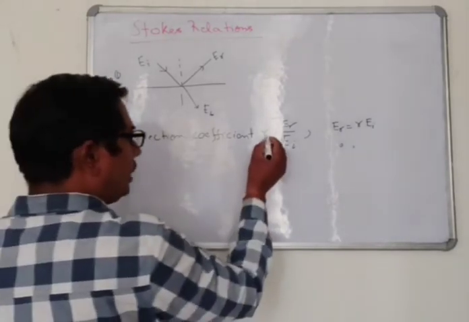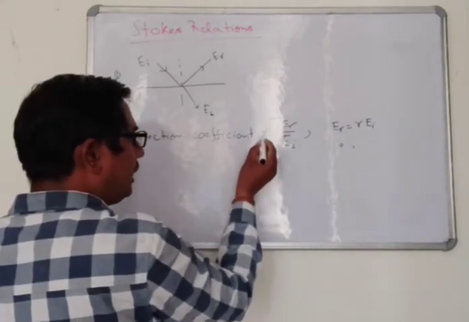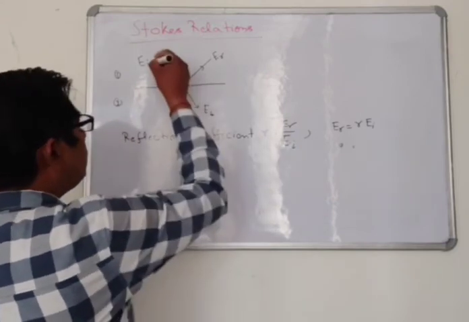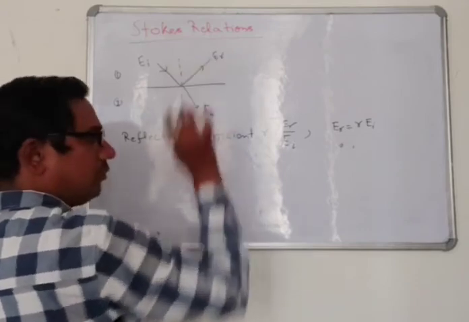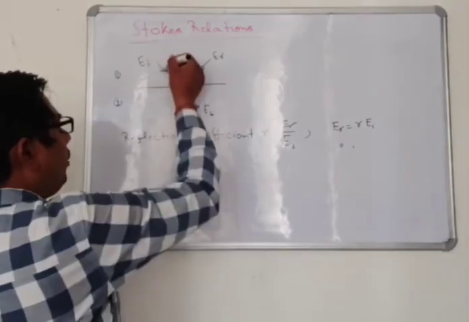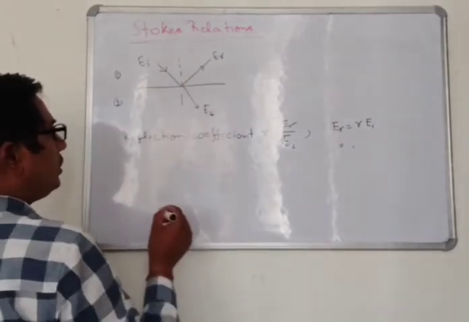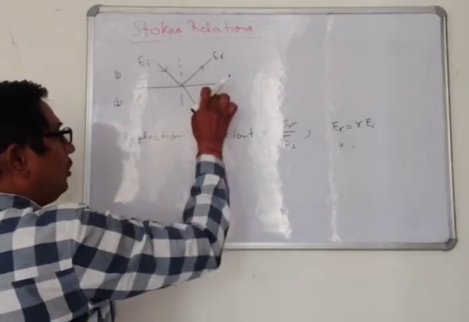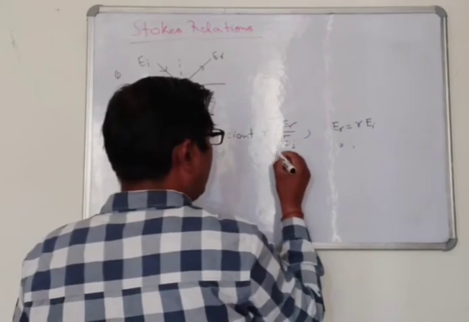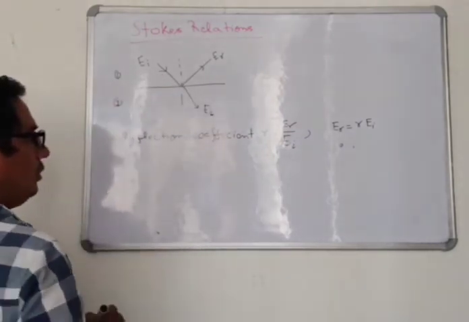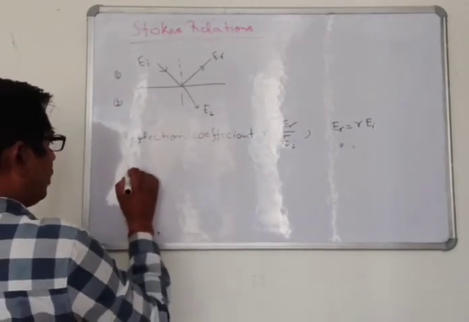Here I am using the reflection coefficient when the light is reflected from medium one to medium two, not rarer to denser, from medium one to medium two. Suppose light is reflected from the second medium to the first medium, we can use r dash. Okay. What is the transmission coefficient?